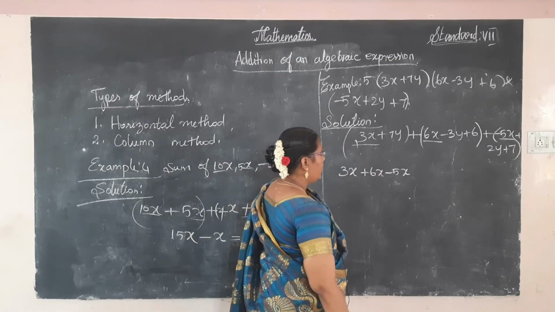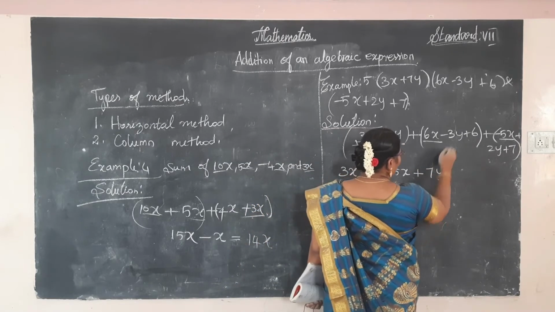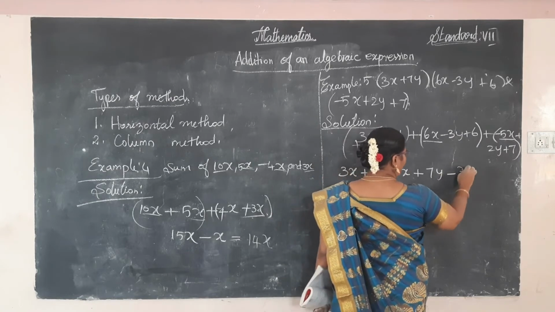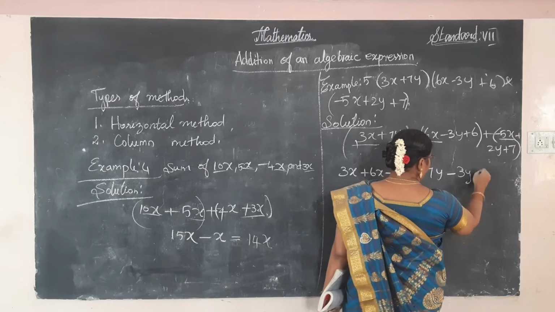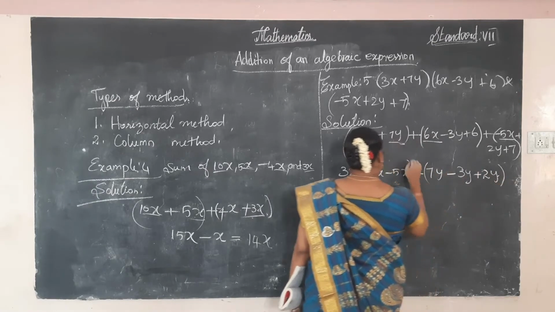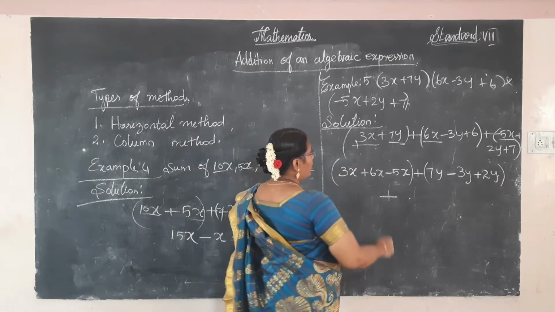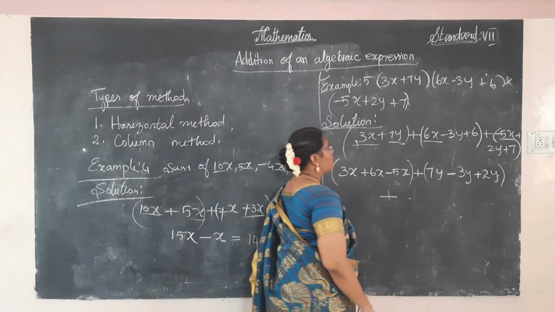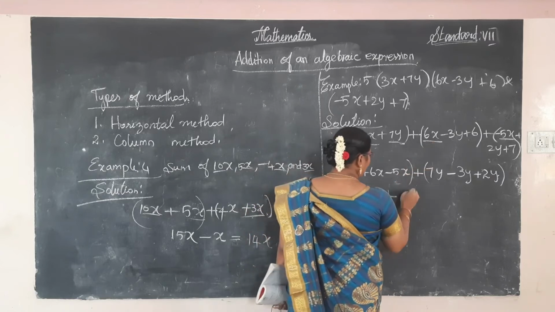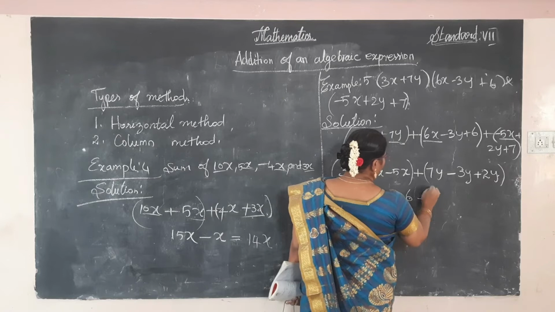Next, plus 7y, from the second expression minus 3y, and from the third 2y. Then arrange the constant terms. The first expression has no constant term, so from the second one 6, and from the third expression 7.